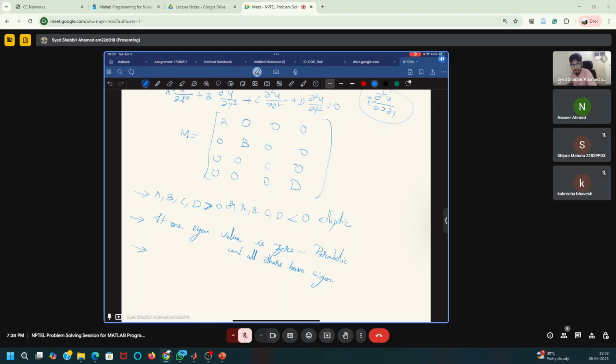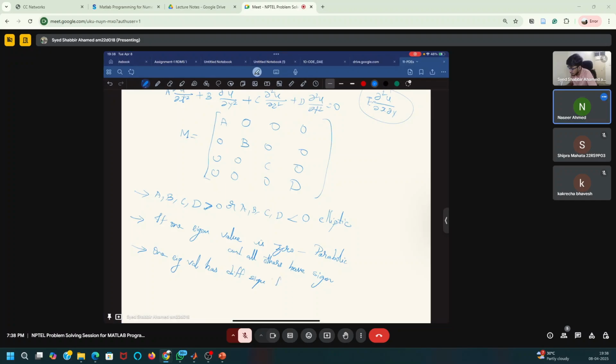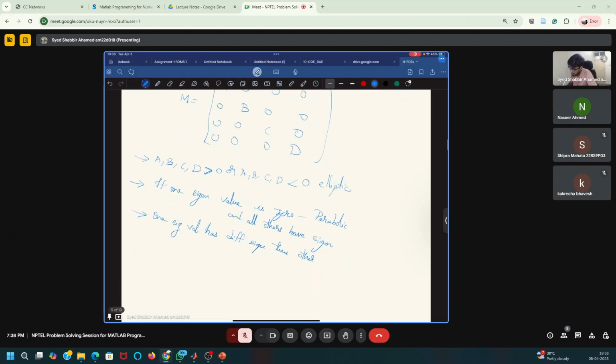If one eigenvalue has a different sign than the others, then that is a hyperbolic system.